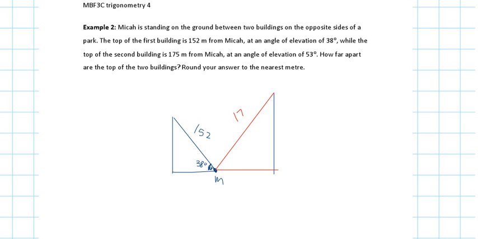And at an angle of elevation of 53 degrees. So the angle right here is 53 degrees. And the question is asking you, how far apart are the top of the two buildings? So what am I looking for? I'm looking for this side. So the top of the two buildings, I'm looking for this.